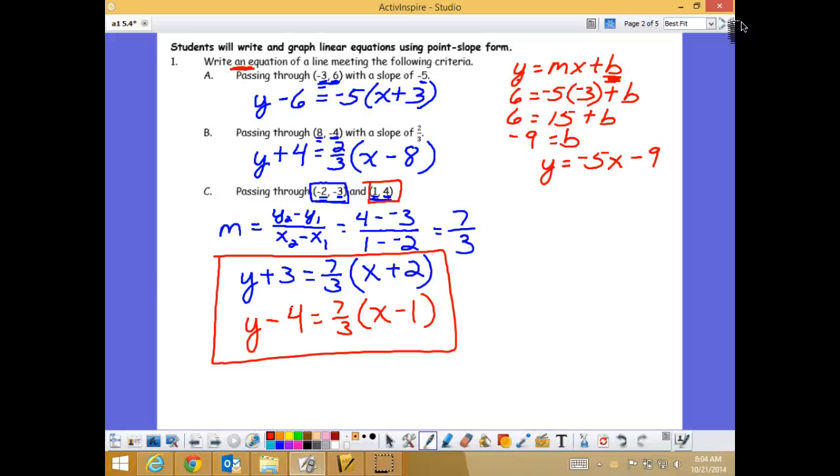Any line can have several different point-slope forms because it can pass through multiple points. So that is writing the equation. In the next video, we're going to take a look at graphing linear functions that are written in point-slope form.